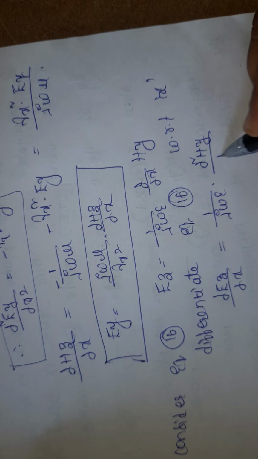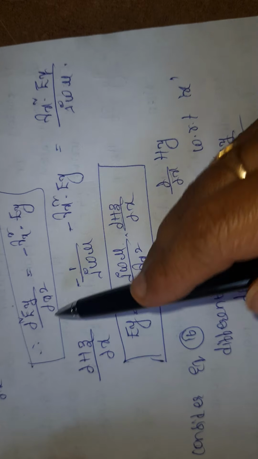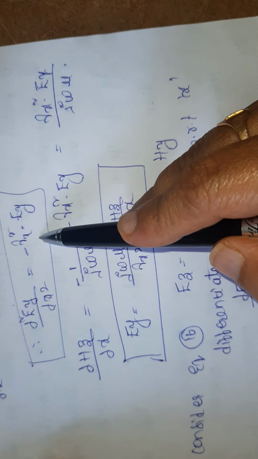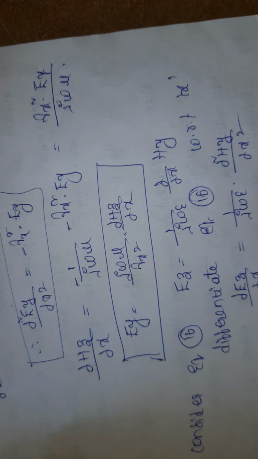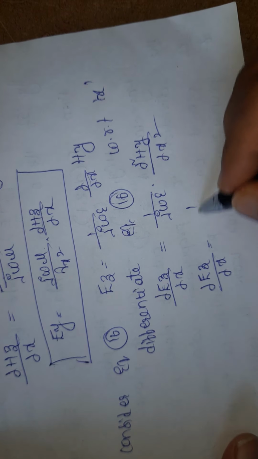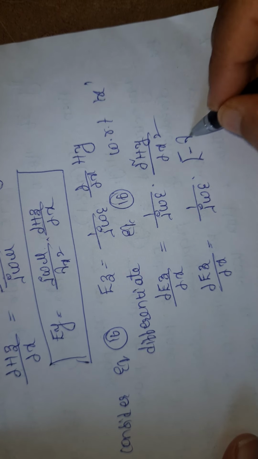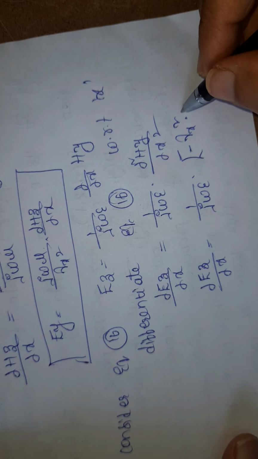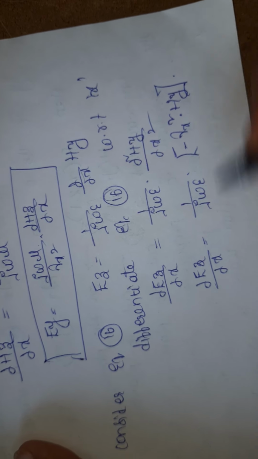square Hy by dou x square. And what is dou square Hy by dou x square? It is nothing but minus gamma x square into Hy. So dou Ez by dou x is equal to 1 by j omega epsilon into minus gamma x square into Hy. Now write down the expression for Hy.